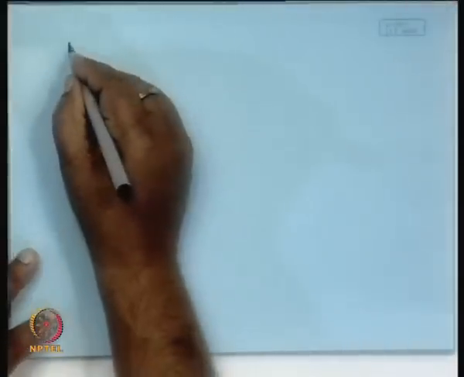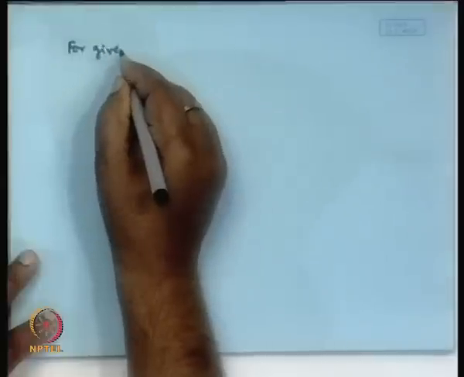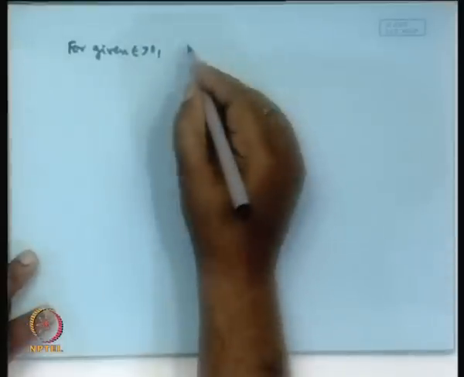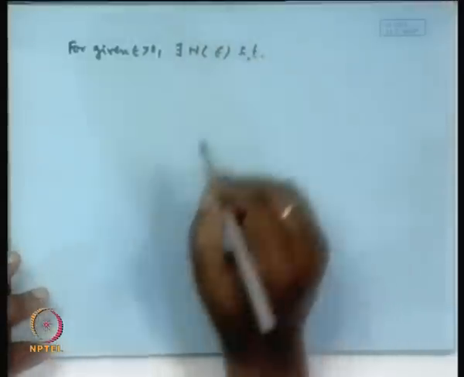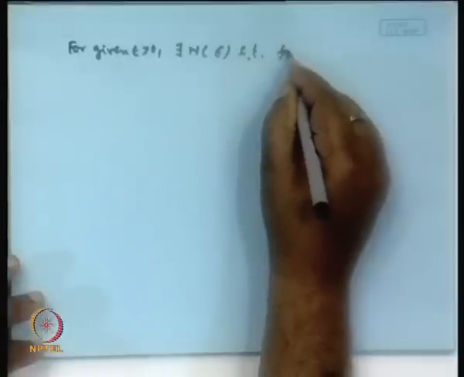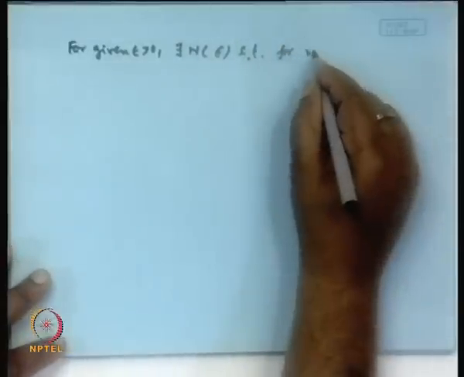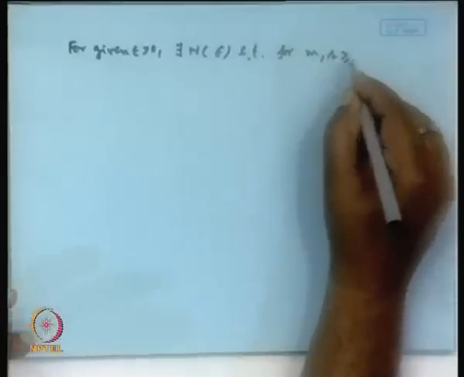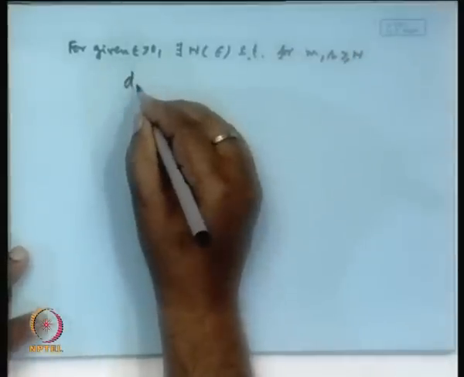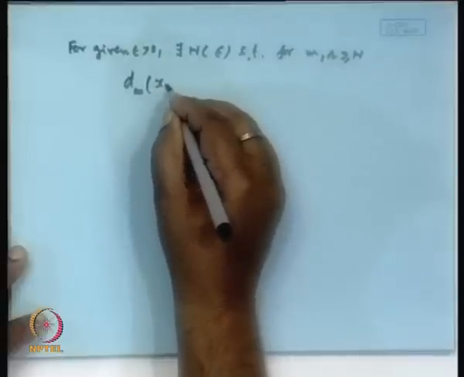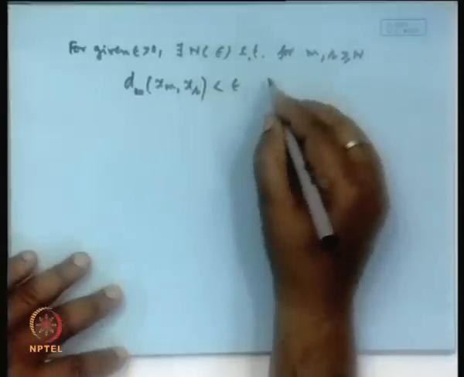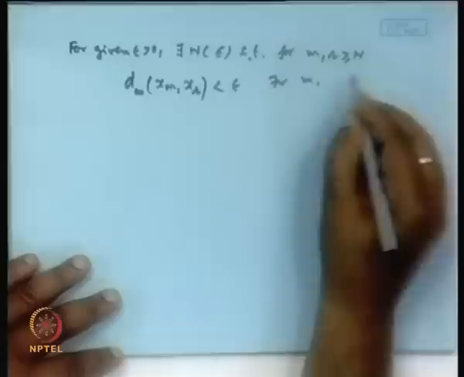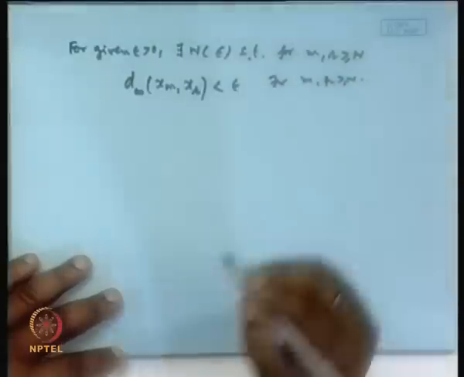So, by definition of Cauchy sequence, we get for given epsilon greater than 0, there exists an N depending on epsilon such that for m, r greater than or equal to N, the d infinity of x m, x r is less than epsilon for m, r greater than or equal to N. This we have mentioned earlier.